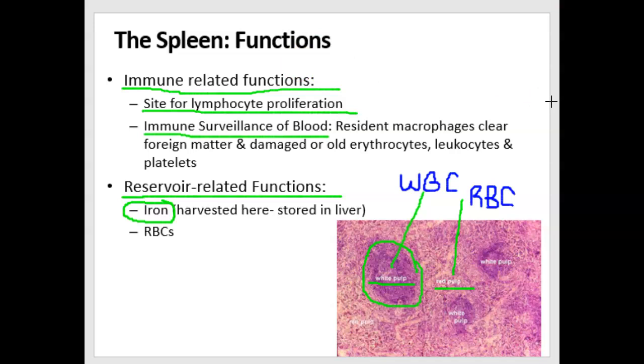But what's really cool about the spleen, I think, is that this red pulp is a site where healthy red blood cells can be stored. So we have a pool of red blood cells not circulating in the blood located within the spleen.